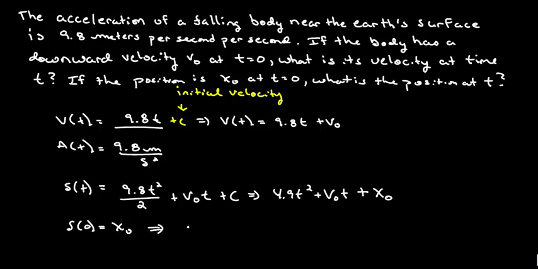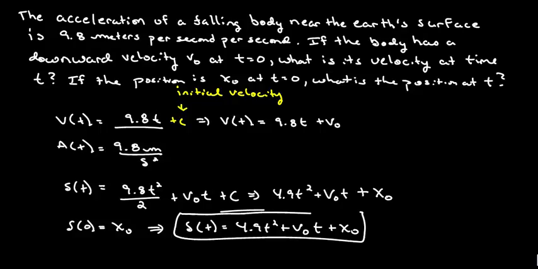So overall, our position as a function of time is equal to 4.9 t squared plus the initial velocity times time plus that initial position at time 0. Okay, and this is all that we can do with that particular function.